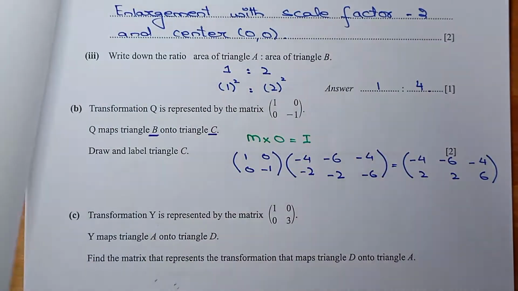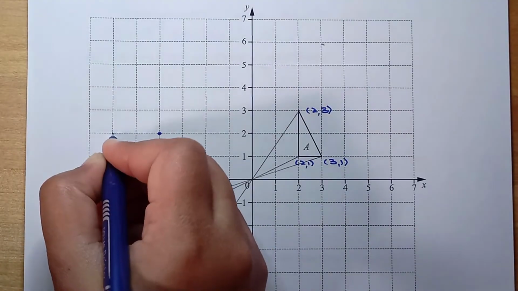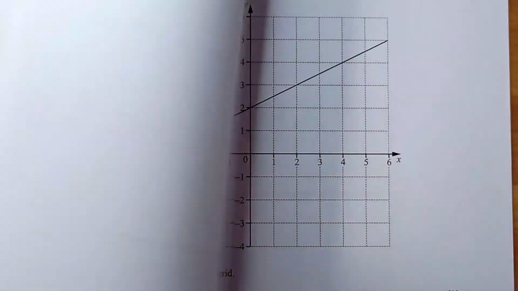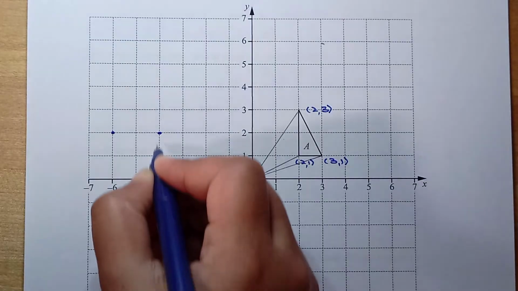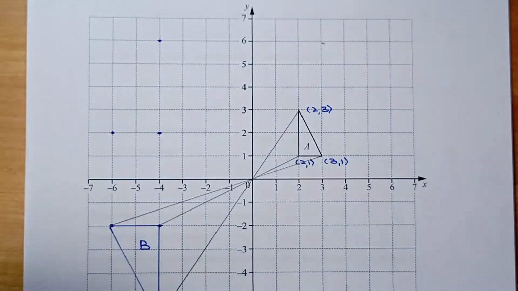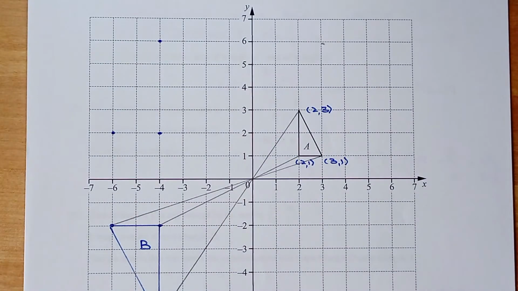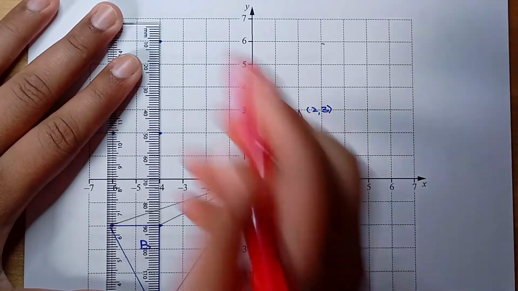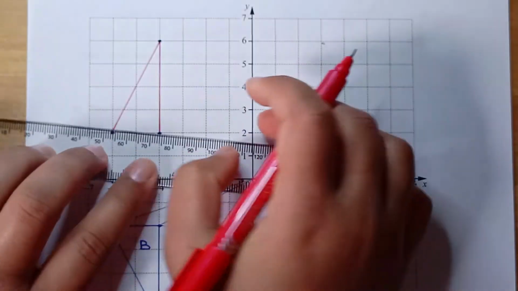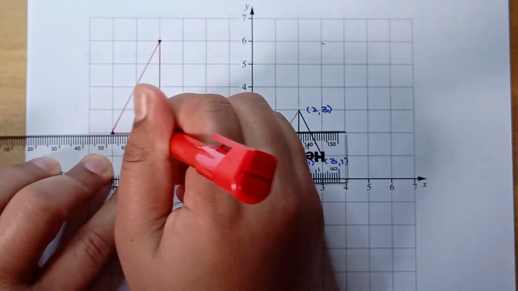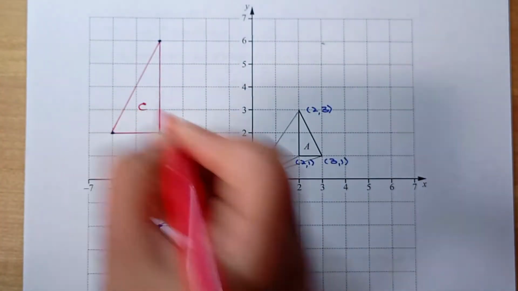Then we have -6, 2, and then we have -4 and 6. So here is a triangle C. Let me draw the triangle C. Right.